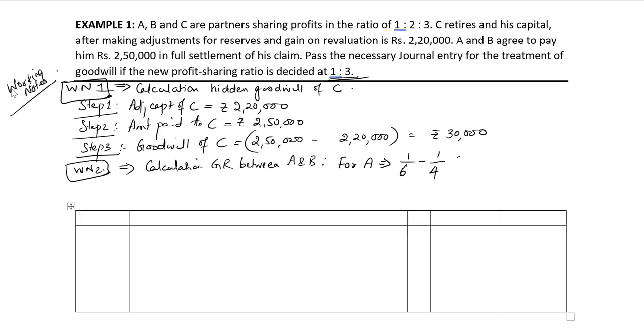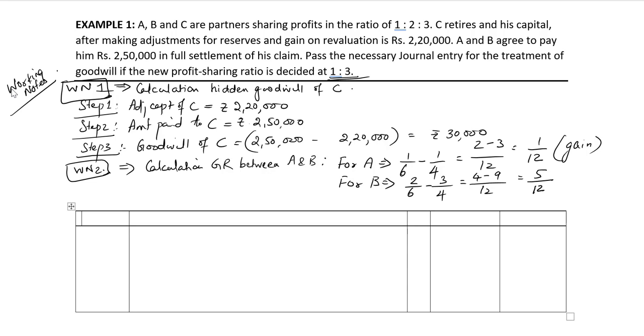So it's 1/4. We have 1/12 as gain of partner A, and for partner B, 2/6 old share minus 3/4 new share. We have 5 divided by 12 as gain of partner B. Hence, the gaining ratio between A and B is equal to 1:5.